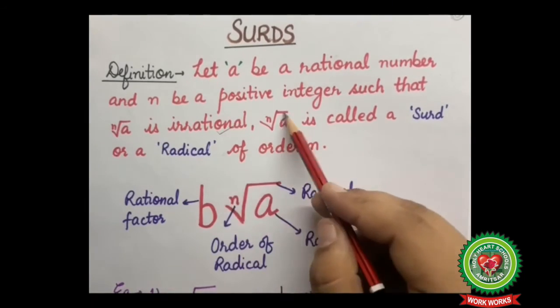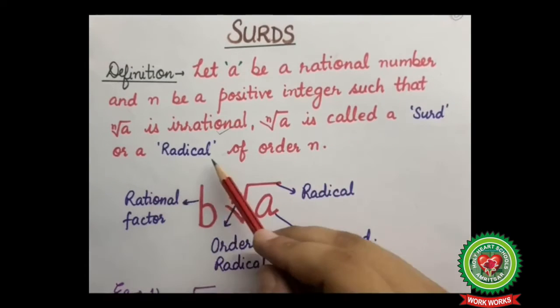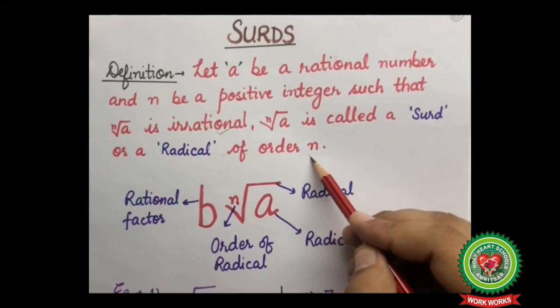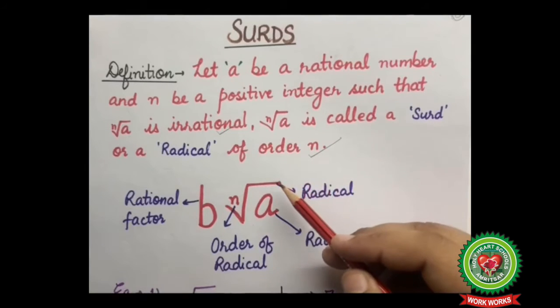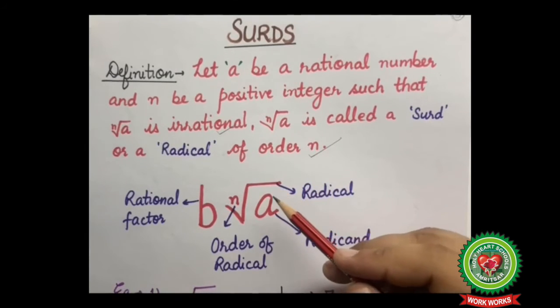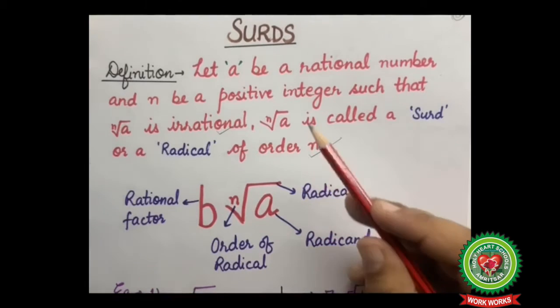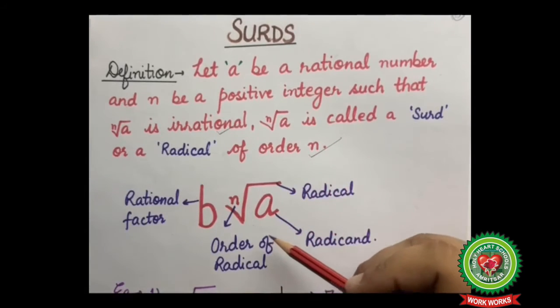So the nth root of a is called a surd or a radical of order n. So basically we can learn that whosoever's nth root is not possible, they are called irrational numbers.